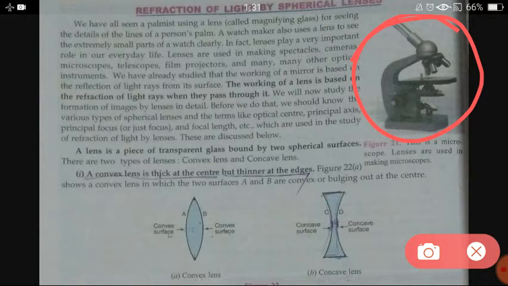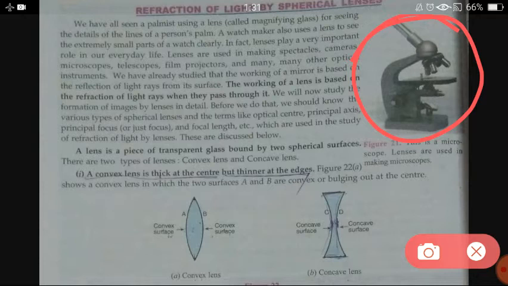Then you might have seen magnifying glasses. Magnifying glasses are also a kind of lens only. They are simple convex lenses. And some more important uses of lenses are in making spectacles, cameras, microscopes, telescopes, film projectors, and so many other uses.